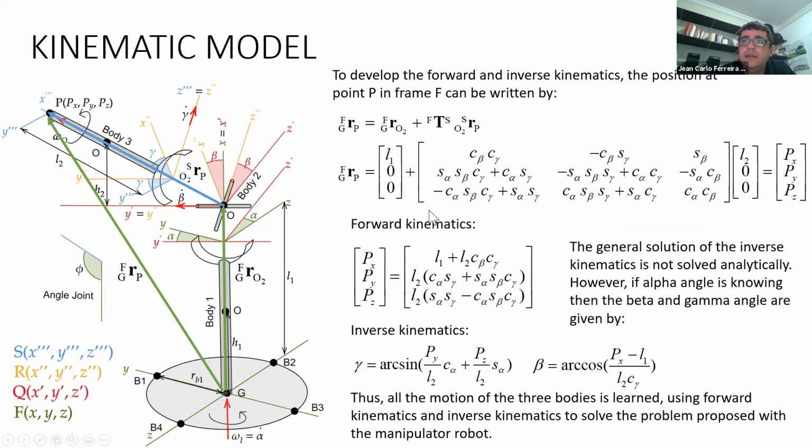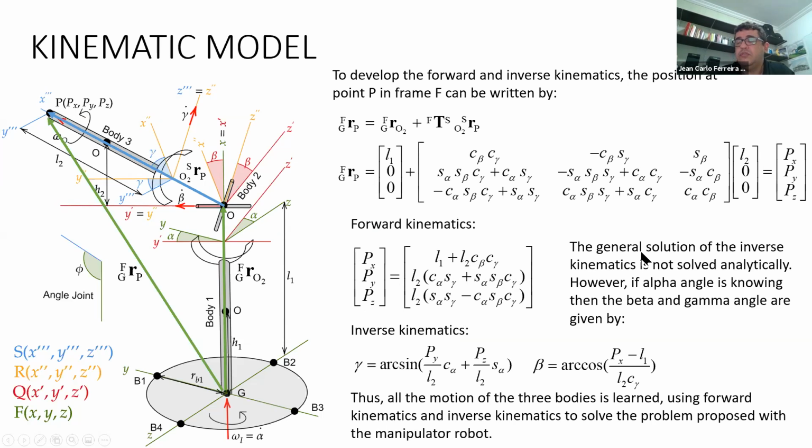This way we can obtain the forward kinematics, where we have the point P with X, Y, and Z, and the Cardan angles, with L1, the length of the first link, and L2, the length of the second link.